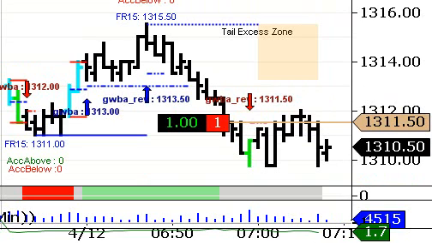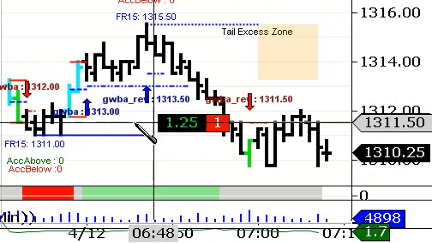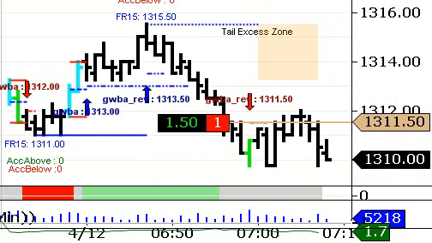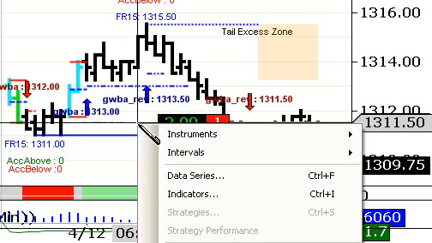What I have done here is I've canceled the buy limit at plus 4 points, which is 16 ticks, that was programmed in with the buy stop at the entry price.